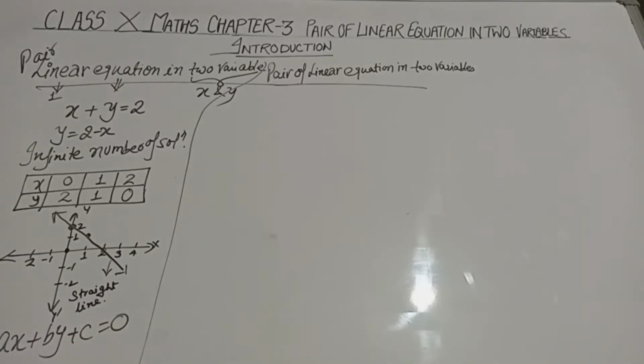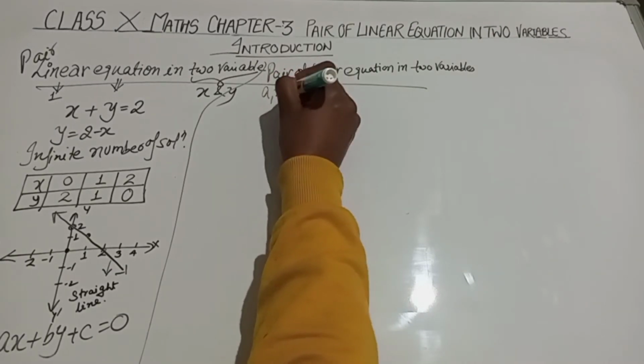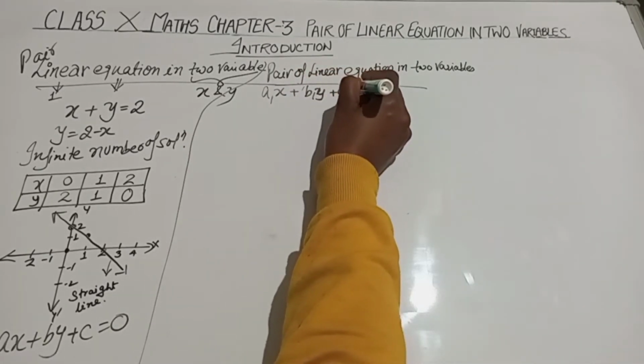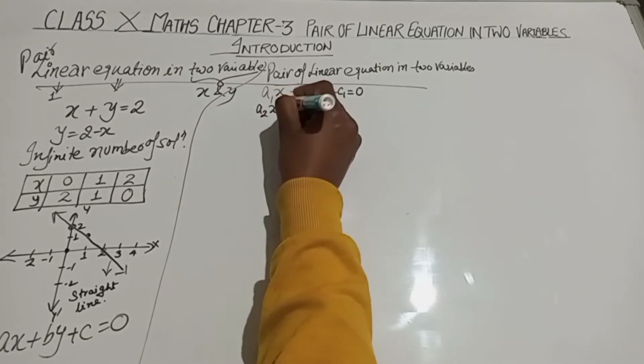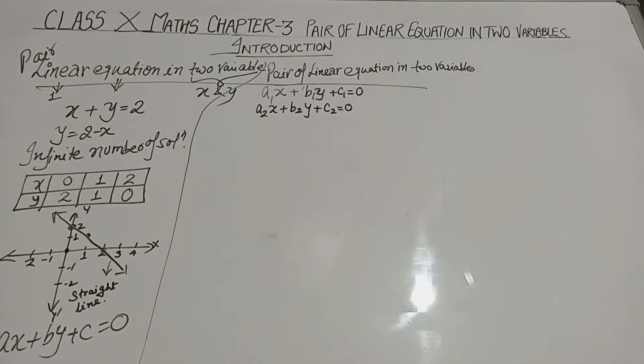The coefficient of x is a, the coefficient of y is b, and c is a constant. Here there is a pair, which means there are two equations. The equations are of the type a1x plus b1y plus c1 is equal to 0, and a2x plus b2y plus c2 is equal to 0.